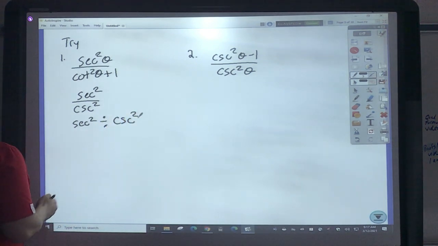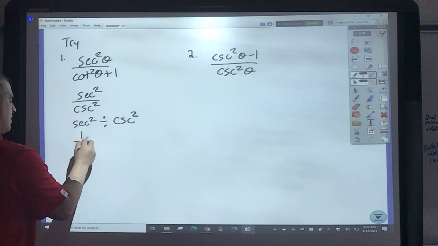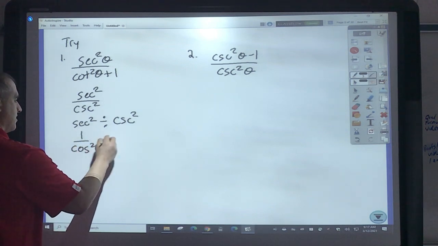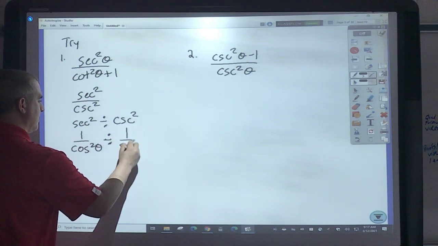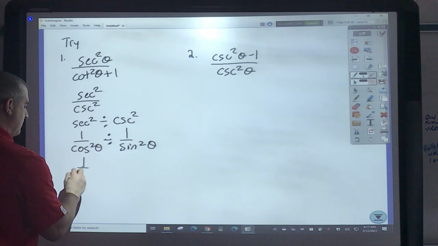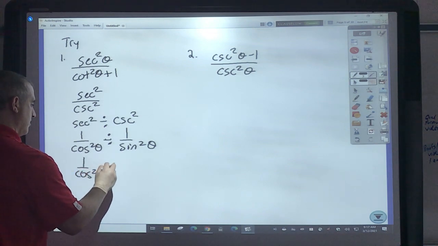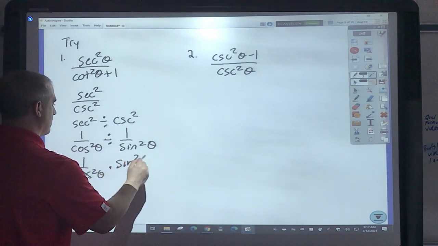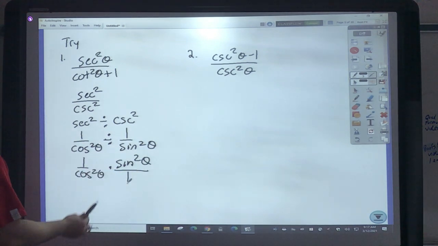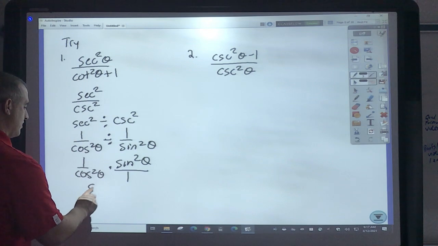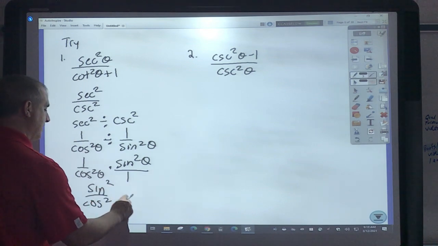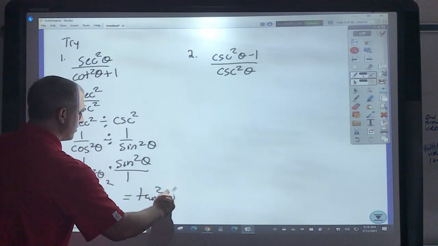Rewriting this, it would be 1 over cosine squared, divided by 1 divided by sine squared. The division means that I'm going to flip that. Now there's no quick elimination here. So this one would just be sine squared over cosine squared. Well, what do we know that's going to be? That's going to be tangent squared.